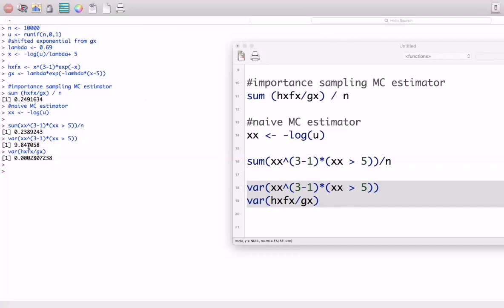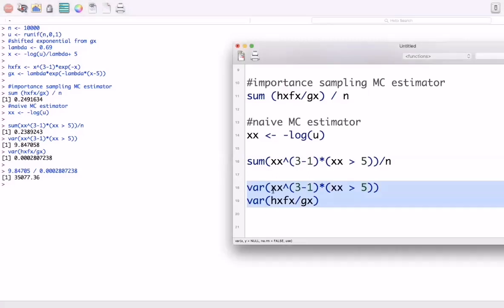From a naive variance of close to 10, if you take the ratio of these two, it has reduced it by almost 35,000 times. That's huge. In terms of the percentage of the original, it's almost negligible. So this shows you how powerful the importance sampling method can be.